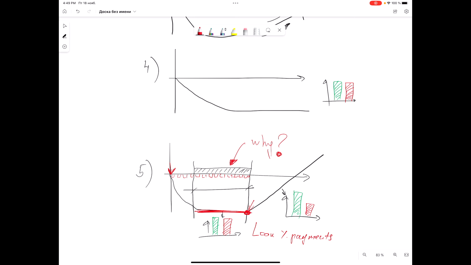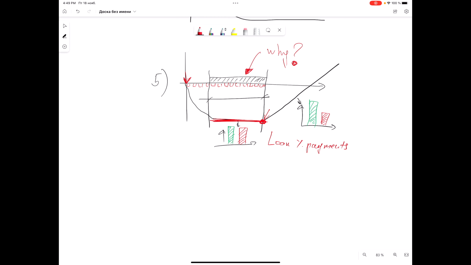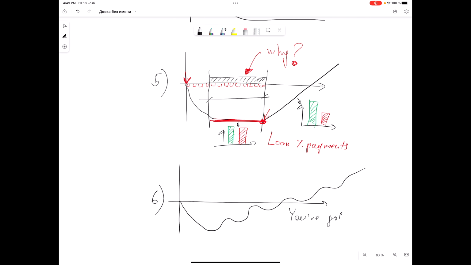And the next type of diagram, diagram number 6, may look like this. And this means that you've got a seasonal business.